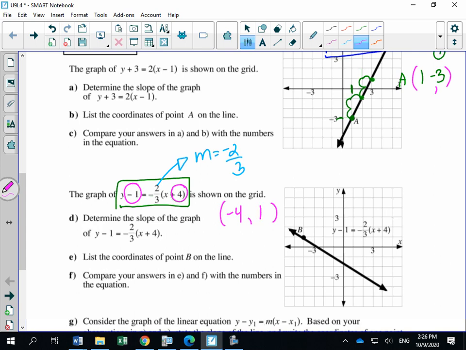So then again, let's find that point on our grid, and they're going to call this point B. So if x is -4 and y is 1, there's the point there. From that point, we always follow the slope. So I'm going to go down 2 to the right 3, and I get back on my line.